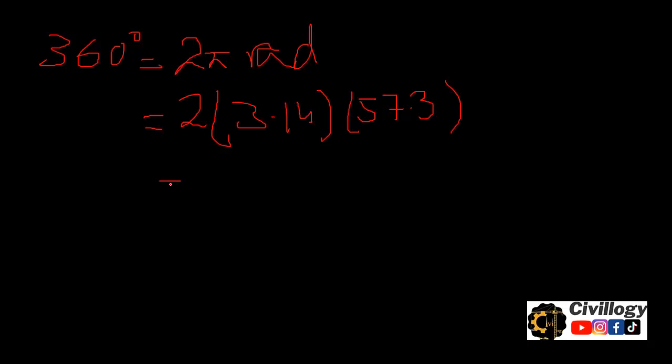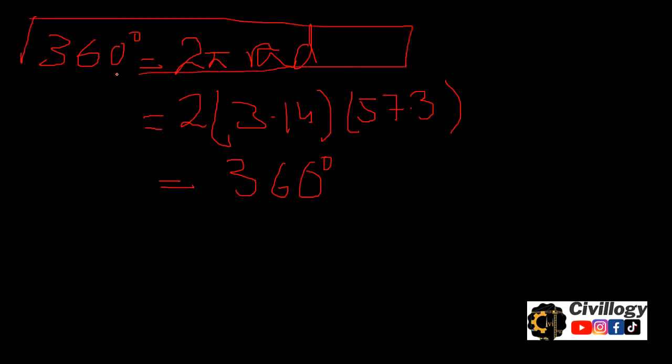If you simplify this, it will equal 360 degrees. Now I hope you have understood how 360 is equal to 2 pi radians. So this is how it is equal to 360 degrees.